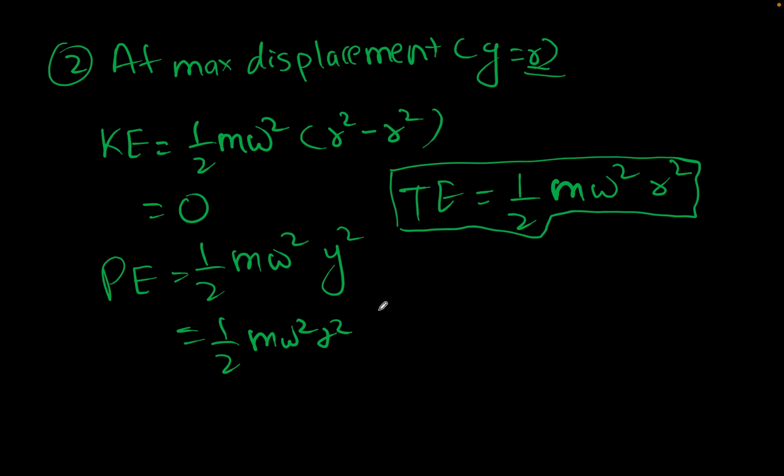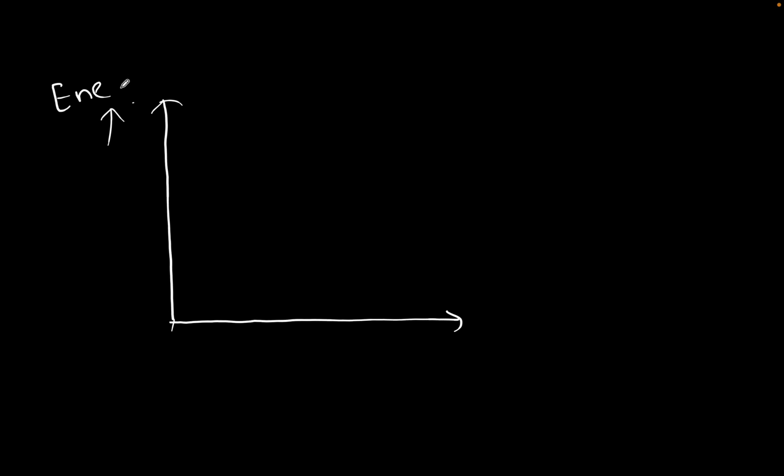Now if we plot the graph, so this is our graph, right? And this is going to be energy, and this is going to be displacement. Now we know that total energy is always constant, so let's say here is going to be our total energy, and it is going to be constant throughout the oscillation.